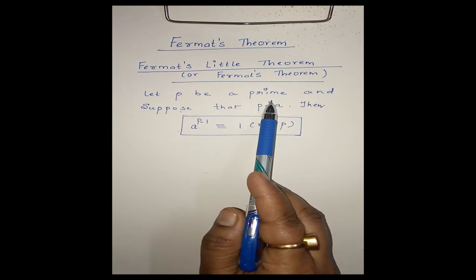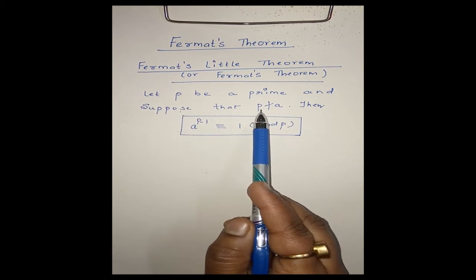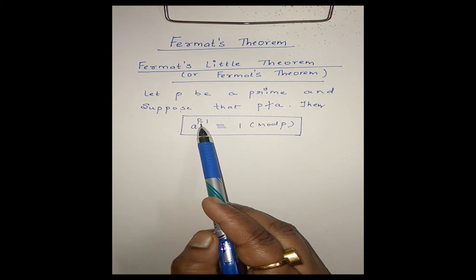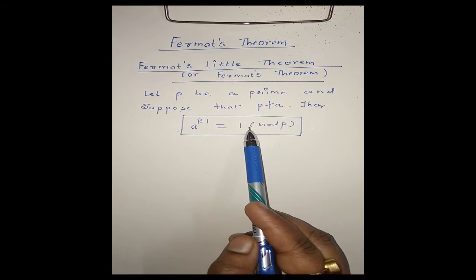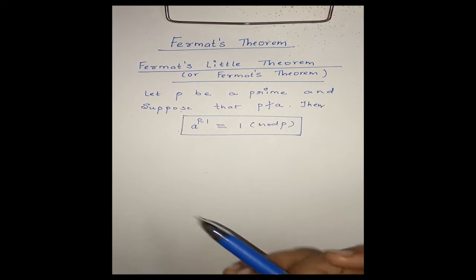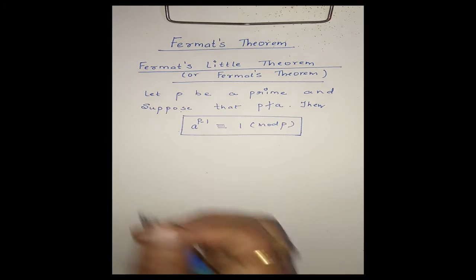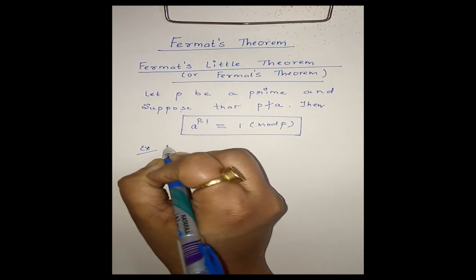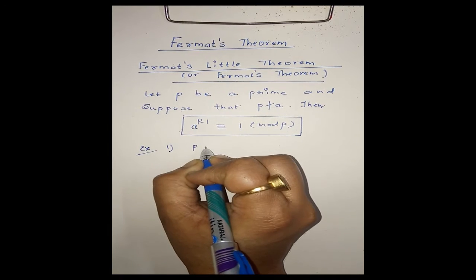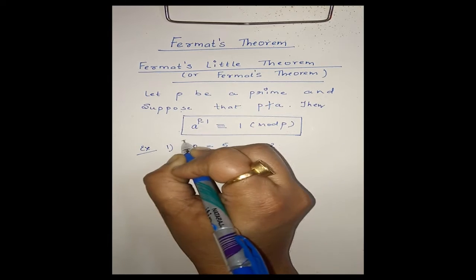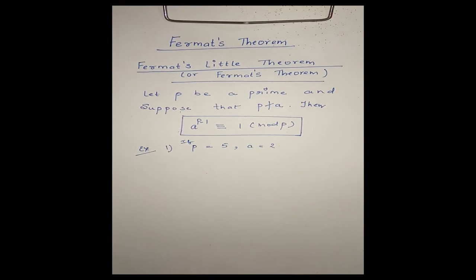Here P is any prime and the condition is that P does not divide A. Then we have this congruence: A power P minus 1 is congruent to 1 modulo P. Before coming to the proof, let us understand this statement with the help of an example. Let P be equal to 5 and A equal to 2.